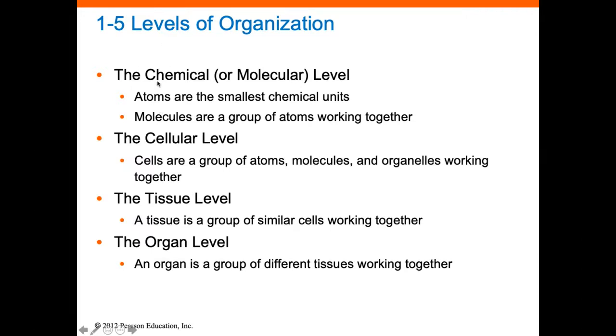So chemistry is the smallest level, and then our chemicals come together and create cells. Cells are just a group of atoms and molecules that come together. Then cells come together and make tissues, and tissues come together and make organs, like the heart, the liver, the kidney, the stomach.